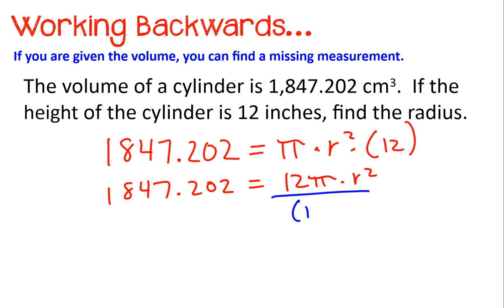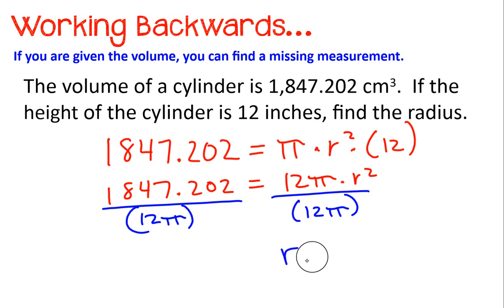I'm going to divide both sides by 12 pi. That gives me a radius squared, right? And then I know on the next step, I'm going to take the square root of both sides.